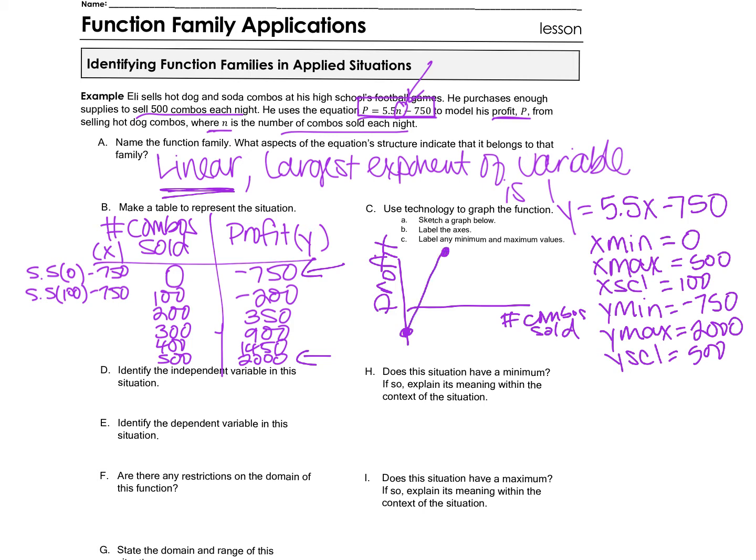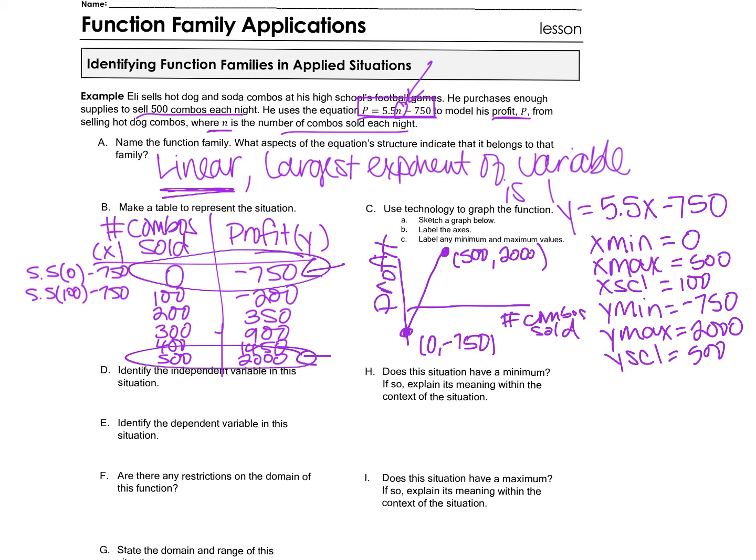Straight line. So we're just sketching it. Okay, so then it says label your min and max values. So that minimum point should be 0, negative 750. And then that max point should be 500, 2,000. So basically we're looking at that table there. Or you can just look at the calculator.